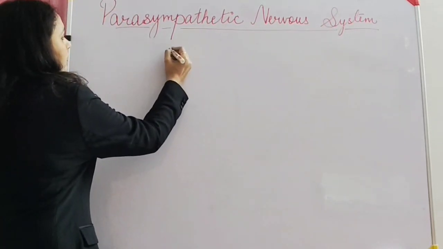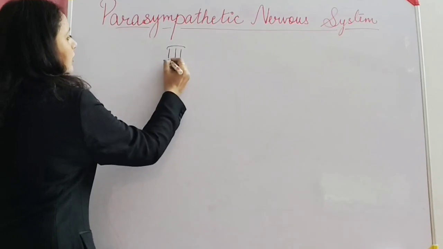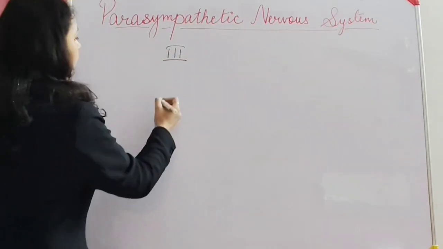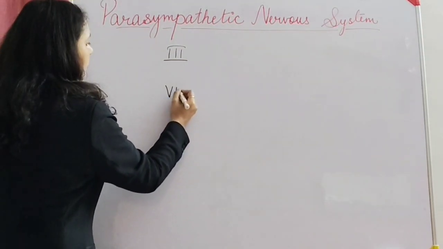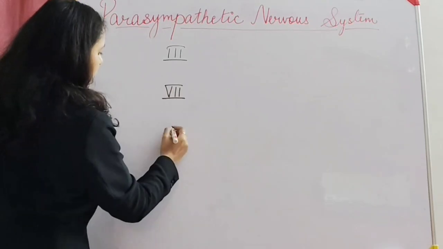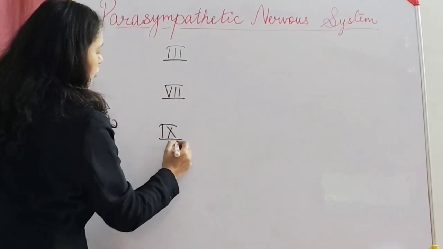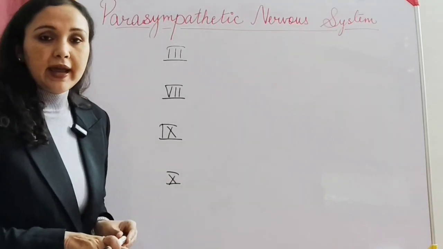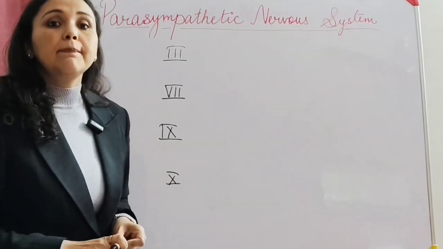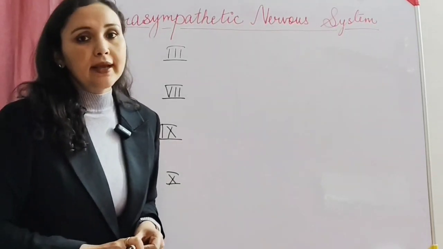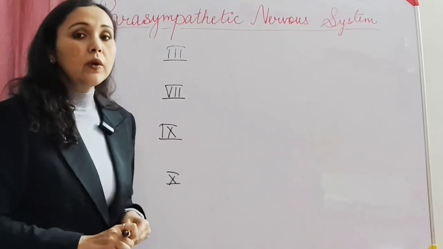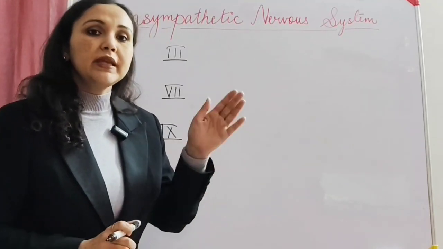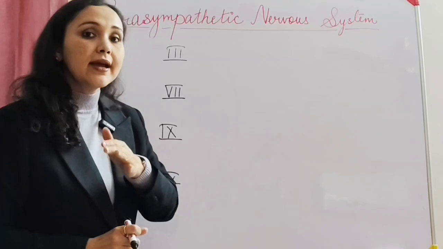I told you what the cranial nerves are. The 3rd, that is the oculomotor nerve. Then the 7th, the facial nerve. The 9th, the glossopharyngeal nerve, and the 10th, the vagus nerve, right? Now let's talk about the parasympathetic nuclei. The parasympathetic nuclei are the ones from which the preganglionic fibers arise.